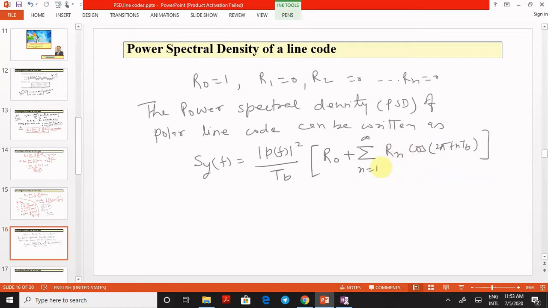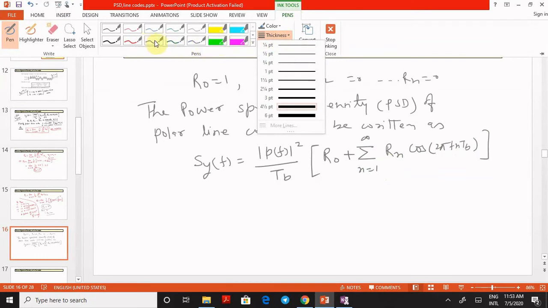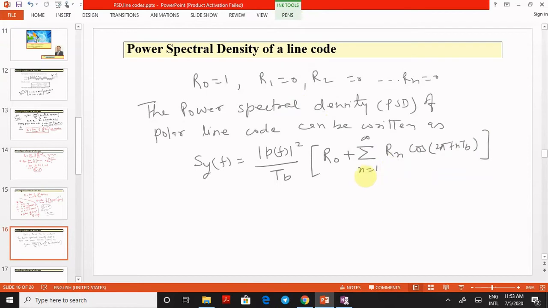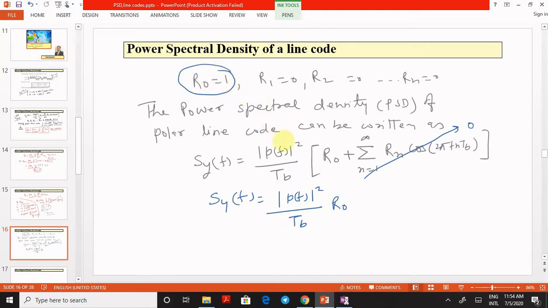So definitely if the value of Rn is equal to 0, then this whole factor will move towards 0. So ultimately we can get S_y(f), which is equal to mod of P(f) square upon TB into R0, and we know that the value of R0 is equal to 1, so we can put the value of R0 here, and in that case we can simply get mod of P(f) square upon TB.